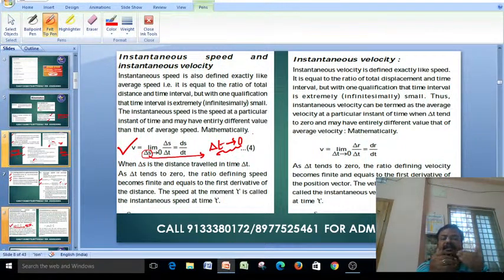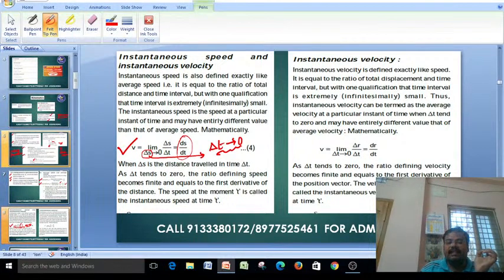It is nearly equal to 0 but not equal to 0. That is limit delta T tends to 0, delta S divided by delta T. So we represent the complete limit value in this format, ds divided by dt.